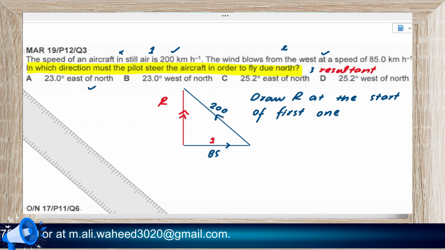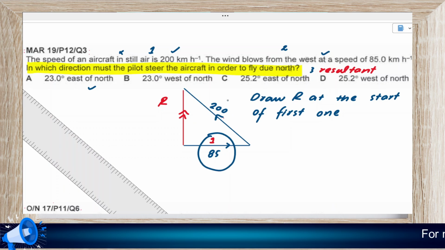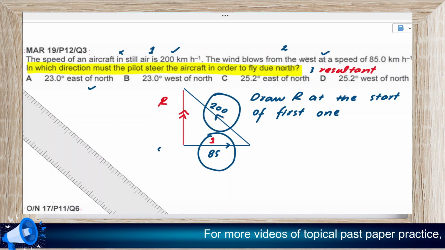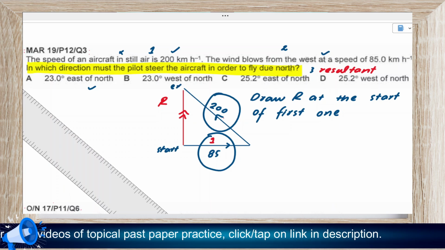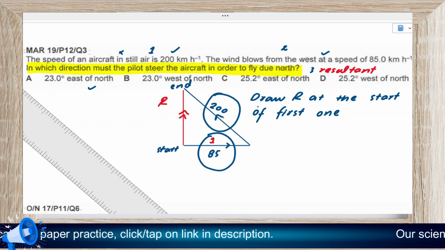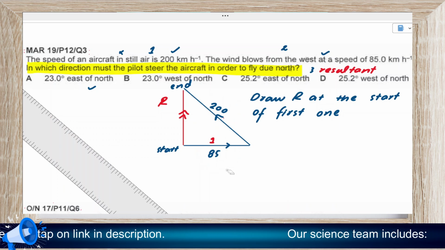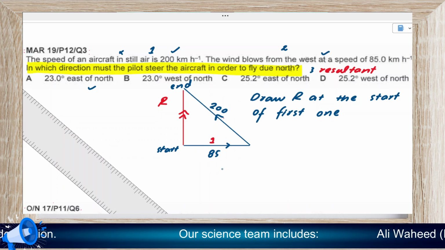Now think about it. Try to check the vector triangle. First vector, then at the end of the first vector we draw the second vector, and the resultant vector is from start towards the end. Are we following this convention? Yes, we are. That means our triangle is accurate.